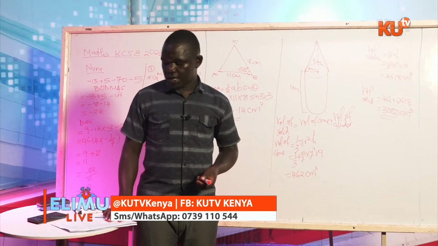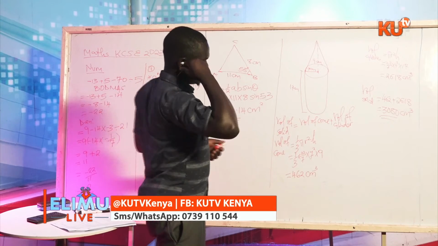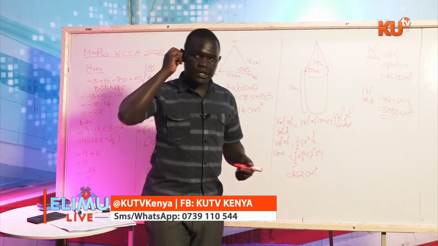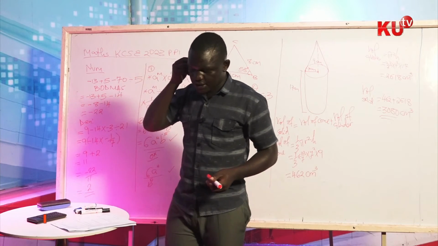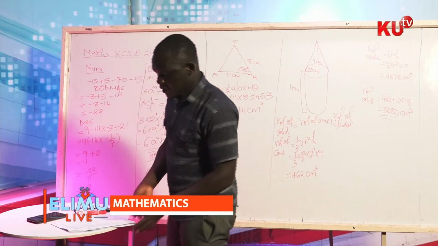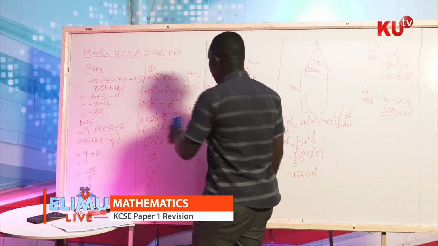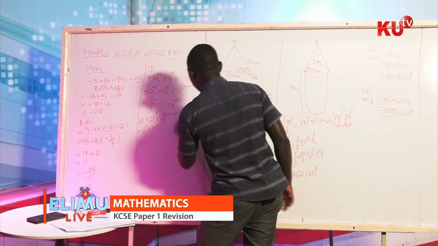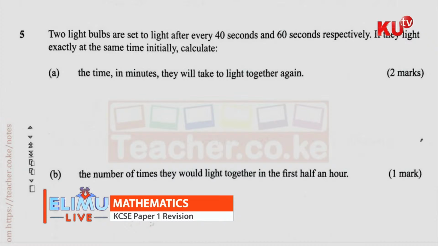Now, let's check on question number 5, dear students. Two light bulbs are set to light after every 40 seconds and 60 seconds respectively.